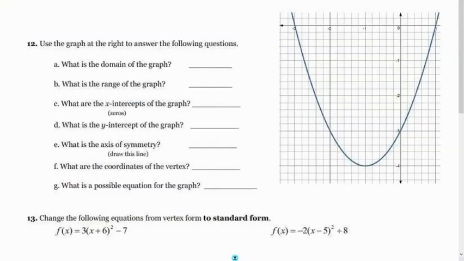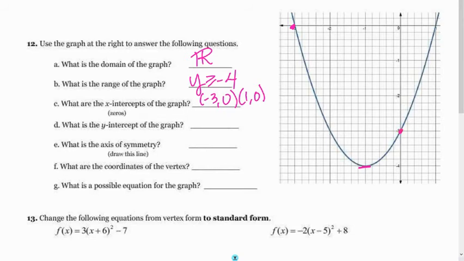So it says, again, we're going to use the graph at the right. The domain of x squared graphs is all real numbers. And the range, this is negative 4, is all y's greater than or equal to negative 4. The x-intercepts of the graph look like negative 3, 0, and 1, 0.